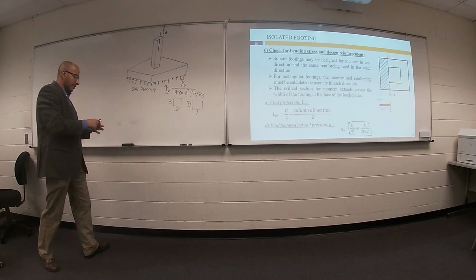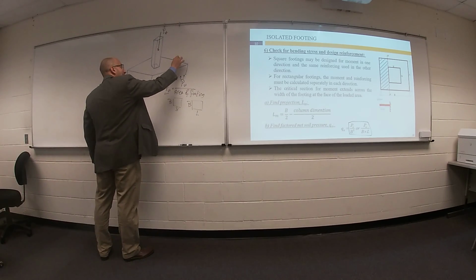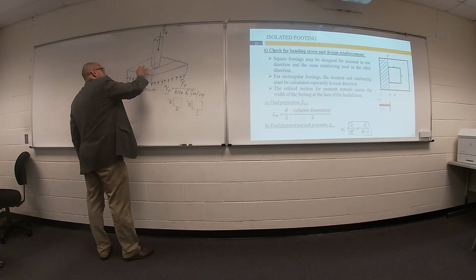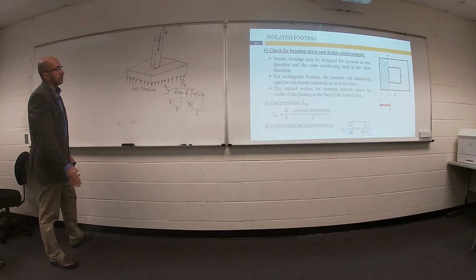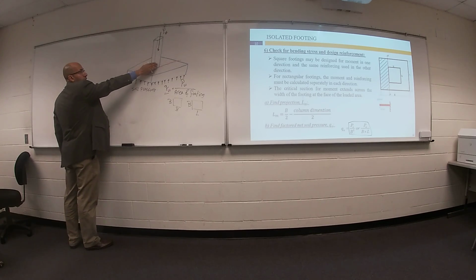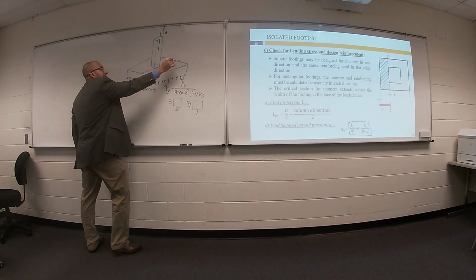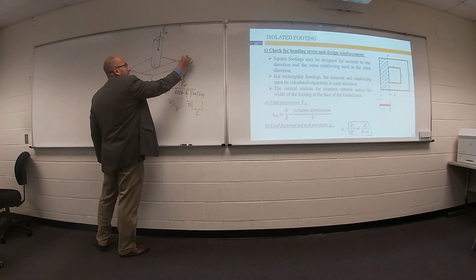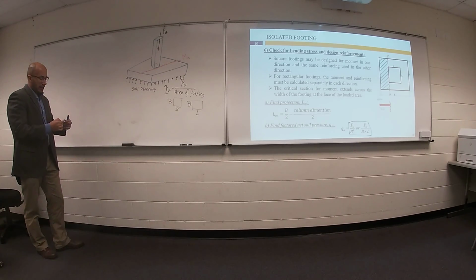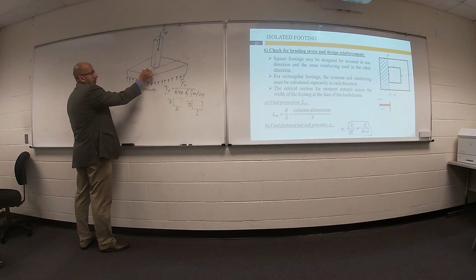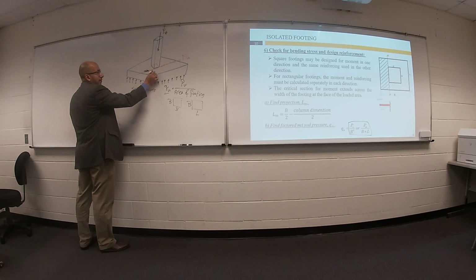I will come here at the edge or the face of your column. At this face of the column, I will get a section and calculate what is the M ultimate at this section. So I will assume fix it here and this part as a beam.